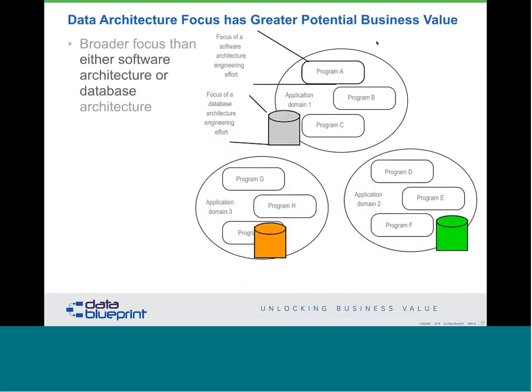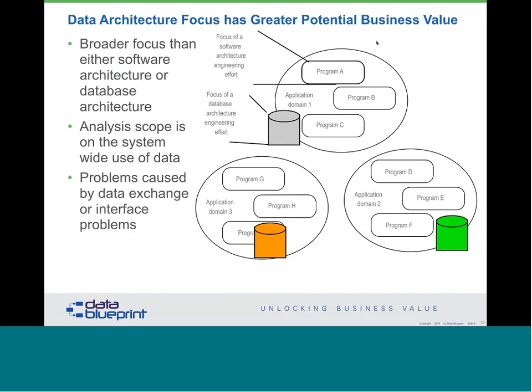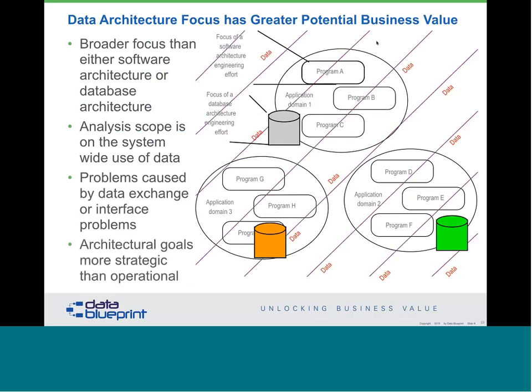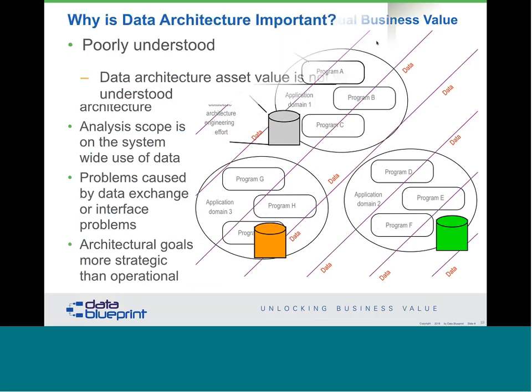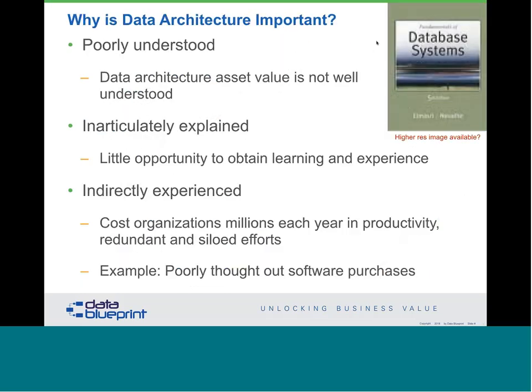So information architecture has a focus on a much broader business perspective than either software or database architecture. The analysis scope is on system-wide use of the data and the problems caused by data exchange, or lack thereof. So the goals are much more strategic rather than operational. Data architecture is poorly understood because we do a terrible job in most college and university curricula of even introducing the concept.